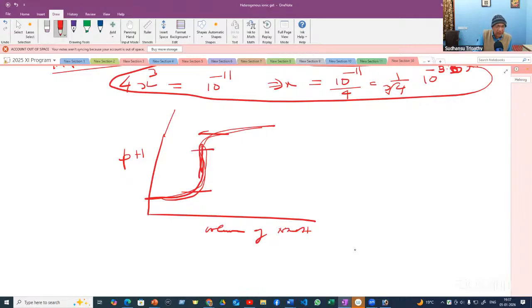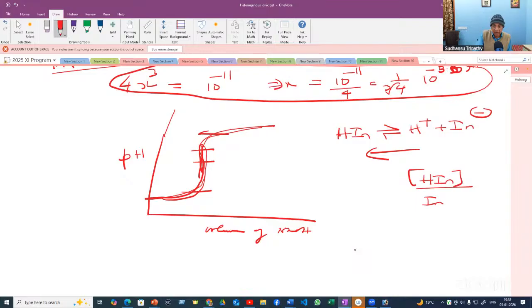Every indicator has a pH range. For example, litmus, which is itself a weak acid, at a lower pH value has the equilibrium lying towards the left and the HIn color is predominant. In minus has a different color, HIn has a different color. And I have told you that when HIn concentration by In minus concentration is equal to or more than 100, then the In minus color will be totally masked by HIn.